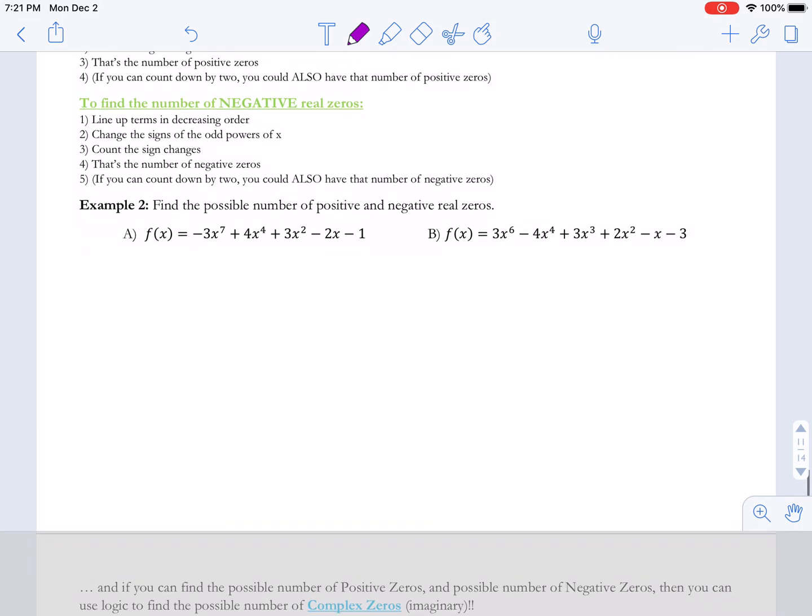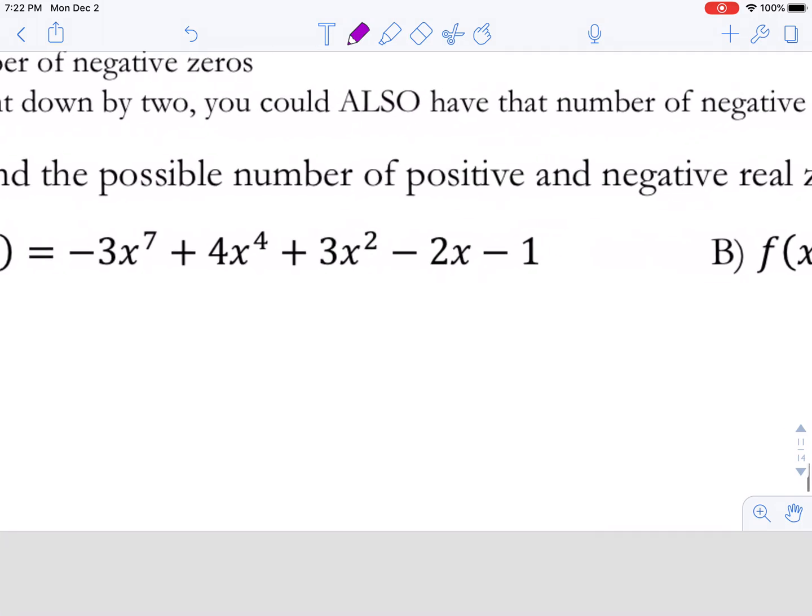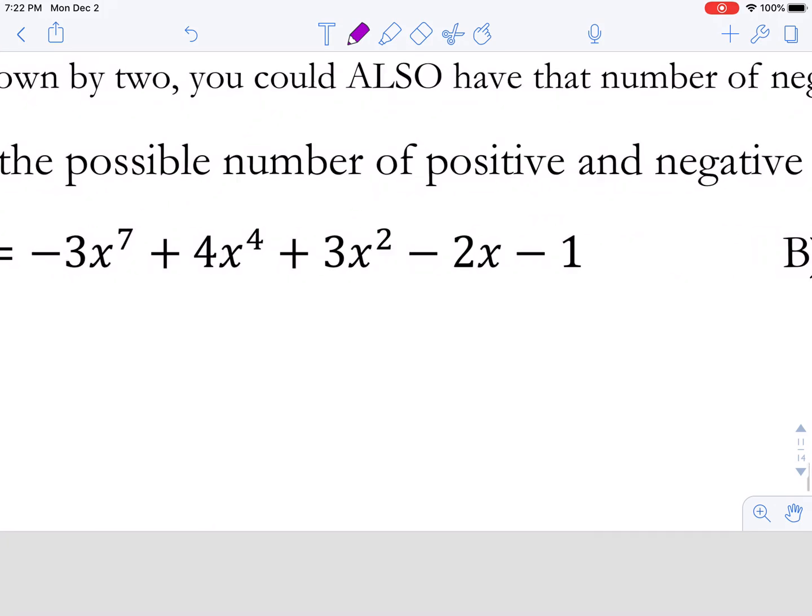So what I would do in order to find my possible real zeros, I'm just going to put a P there. I look at the sign changes. When I'm talking about a sign change, I'm going from a negative to a positive.